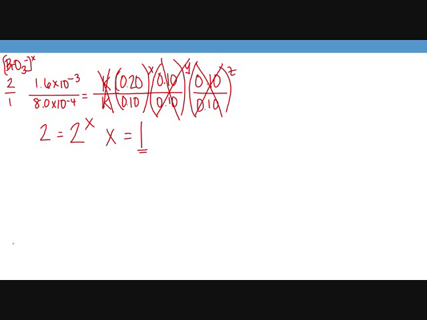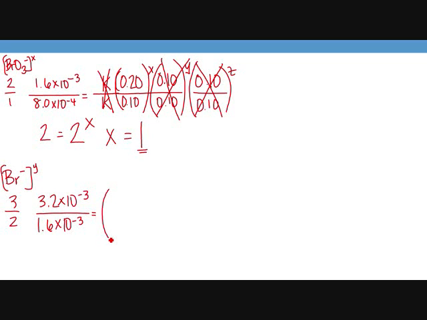So this is for the y, and that was on the bromide. I'm going 3 over 2. So we have 3.2 times 10 to the negative 3 over 1.6 times 10 to the negative 3 equals, I'm going to simplify. I'm not going to do all that stuff that cancels out, I'm only going to do the stuff that's important.